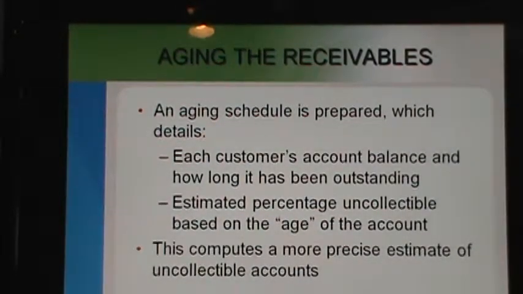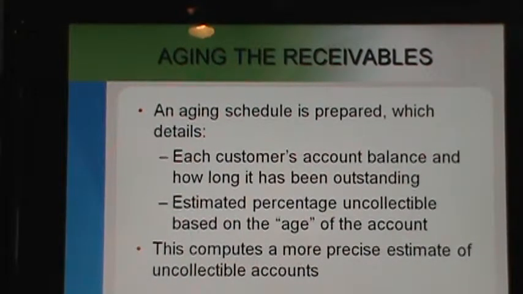So aging receivables: an aging schedule is prepared which details each customer's account balance and how long it's been outstanding. An aging schedule is just for the people who have past due accounts. And then basically we just try to keep track of how old they are and how long they've had an outstanding balance.